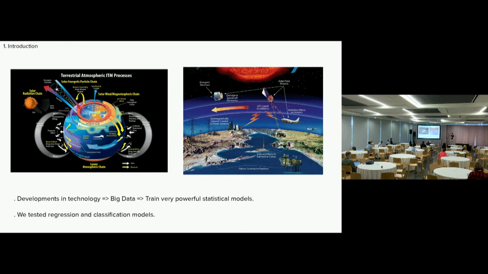But nowadays we have, I think, enough data to have the luxury of building empirical, statistical-based models that can learn these variabilities, this correlation between inputs and outputs. In this work, we're going to present two types of neural networks: a regression neural network and a classification neural network.